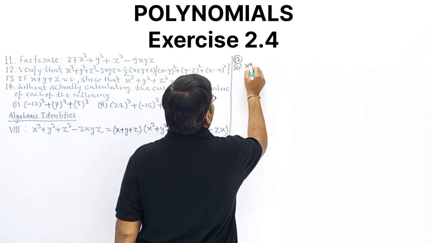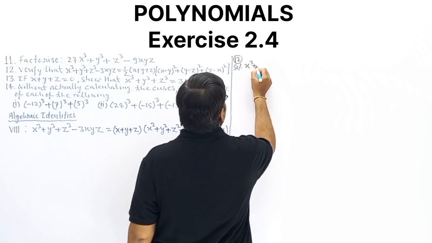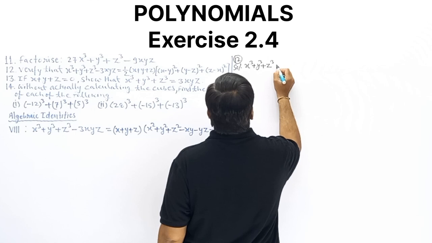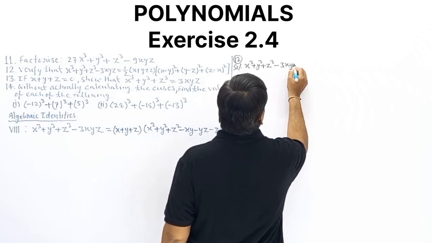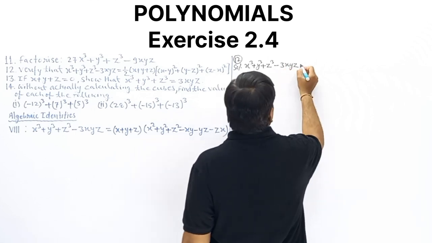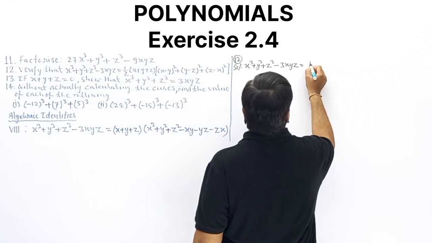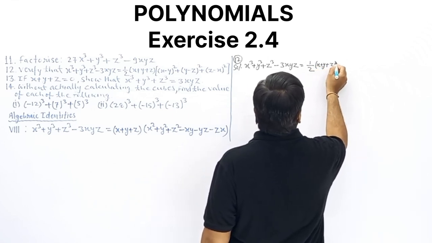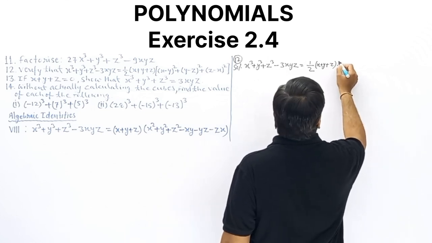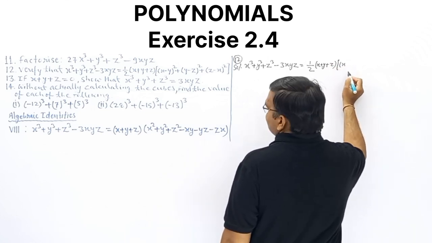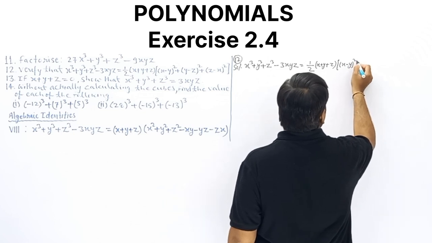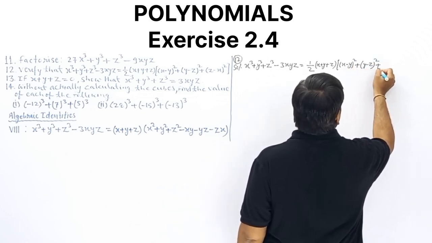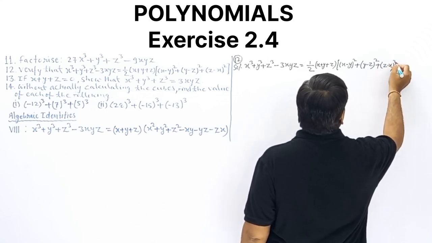We have x cube plus y cube plus z cube minus 3xyz equal to 1 by 2 into x plus y plus z into x minus y whole square plus y minus z whole square plus z minus x whole square.